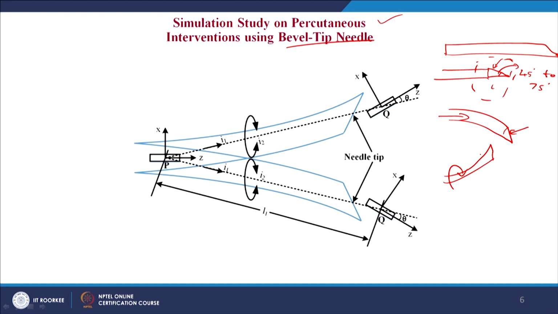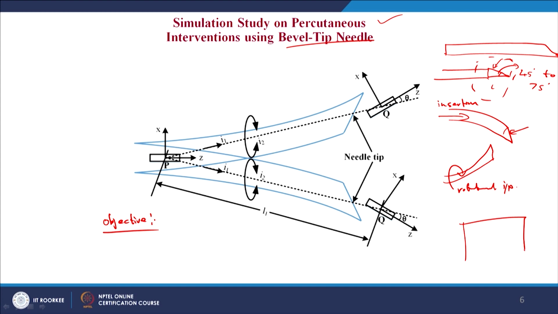So, here we have two inputs, one is the insertion input, another one is the rotation input for the needle system. The objective of this research study is to keep this needle system in the desired plane of interest.